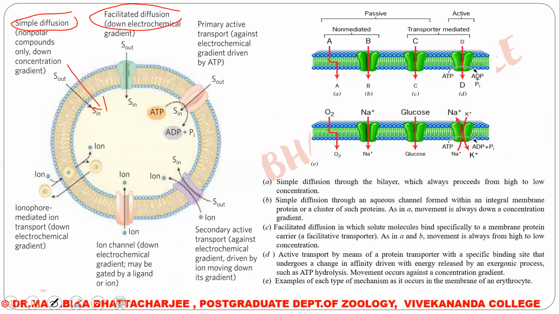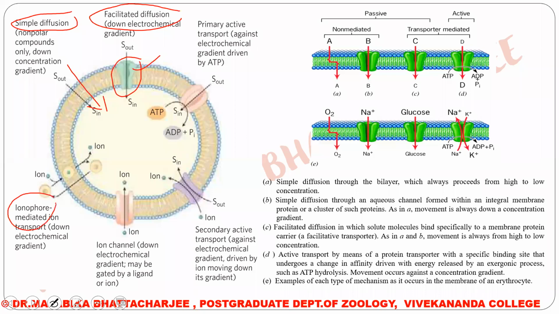When we are talking about facilitated diffusion, again it is down the concentration gradient, but you can see there is a green color molecule present in the plasma membrane through which our molecule of concern is moving. This green color channel, or it can be a transporter protein, is helping the molecule to move inside the cell.